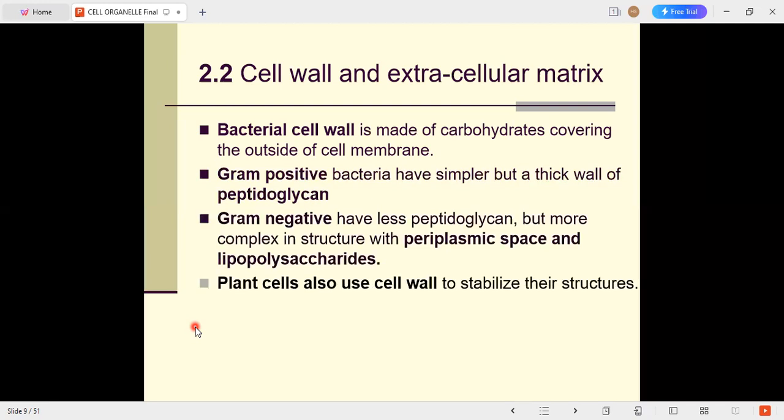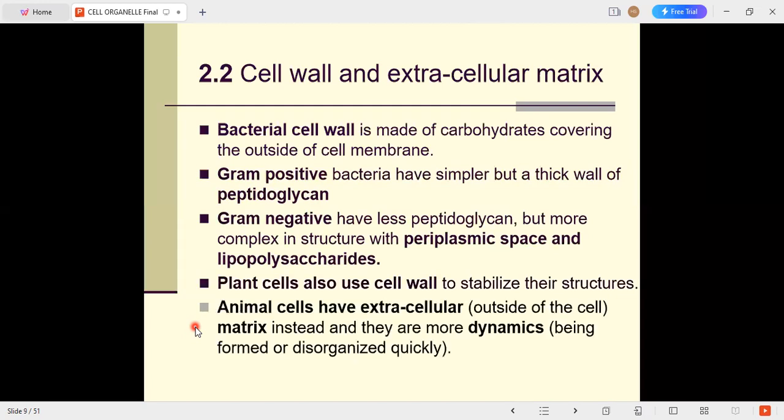Plant cells also use a cell wall to stabilize their structure. However, animal cells have an extracellular matrix, outside the cell, instead, and it is more dynamic, being formed or disorganized quickly.